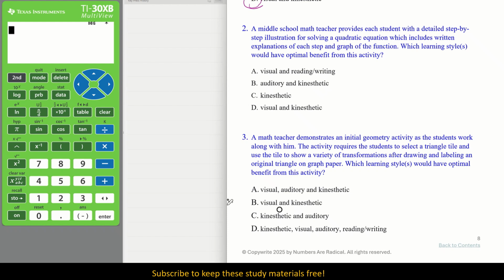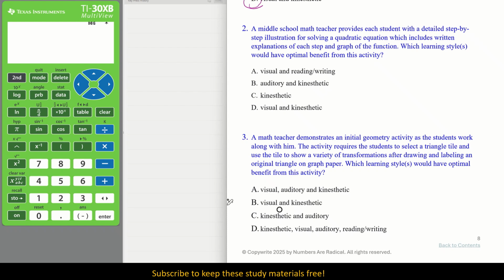A middle school math teacher provides each student with a detailed step-by-step instruction for solving a quadratic equation, which includes written explanations of each step and graph of the function.